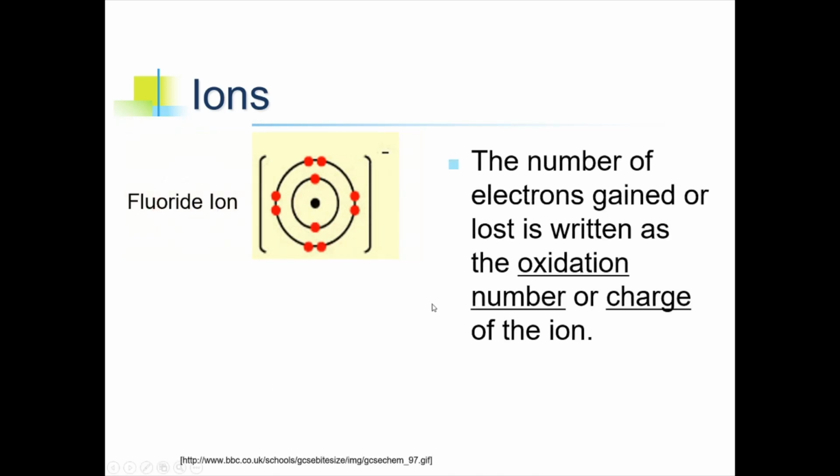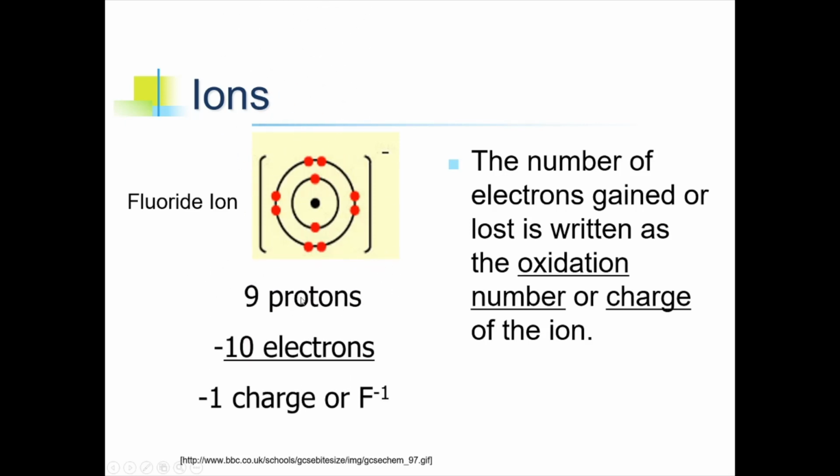So if we have this fluoride ion, we want to consider that the number of electrons gained or lost is written as what's called the oxidation number or charge of the ion. Those two terms are synonymous, so whenever I mention oxidation number or say the word charge, they're both the same thing. So the fluoride ion, what is its oxidation number? How do you find it?